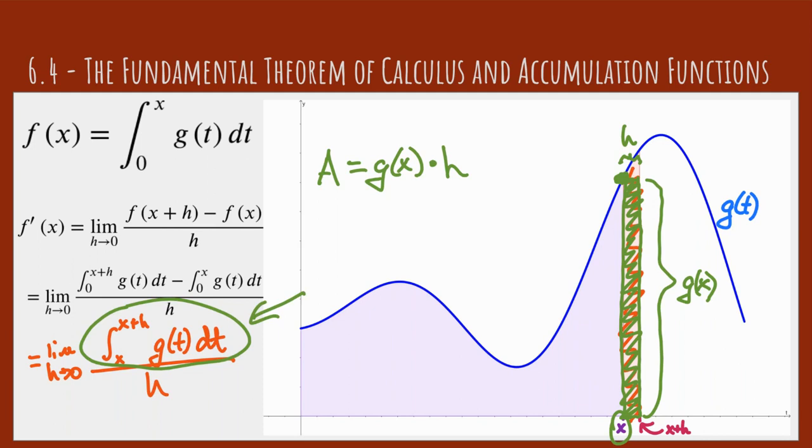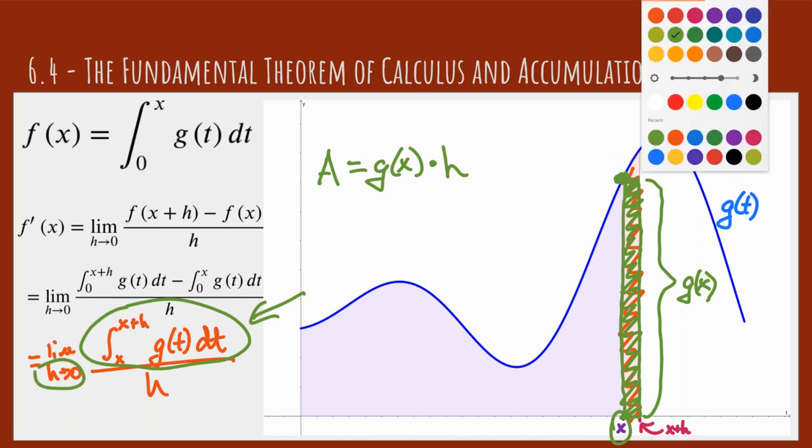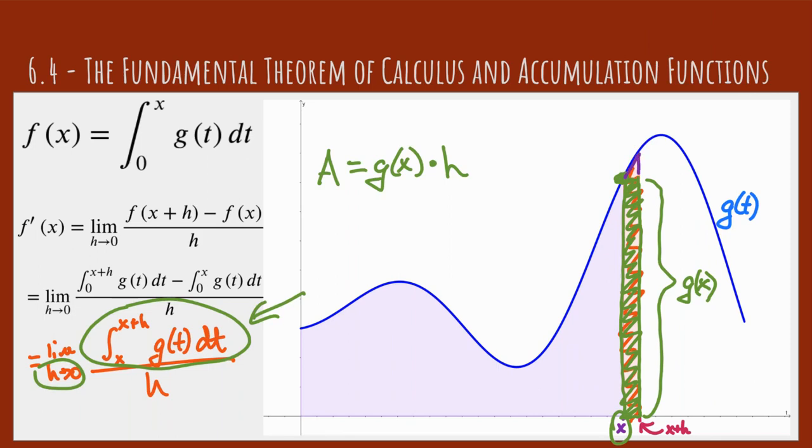However, I want to point out that h is approaching 0. And as h approaches 0, this error, I'm going to highlight the error here. The error with our area is going to be this region right here. As h gets smaller, that error area is going to get smaller also. So as h approaches 0, this entire area here is going to get closer and closer to that area.